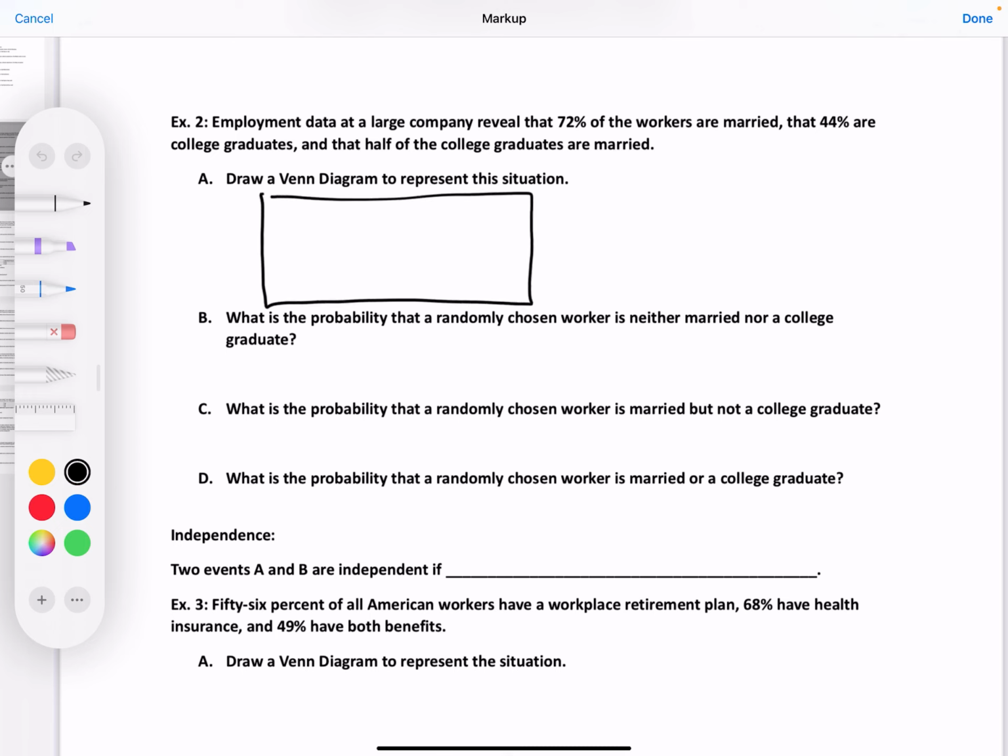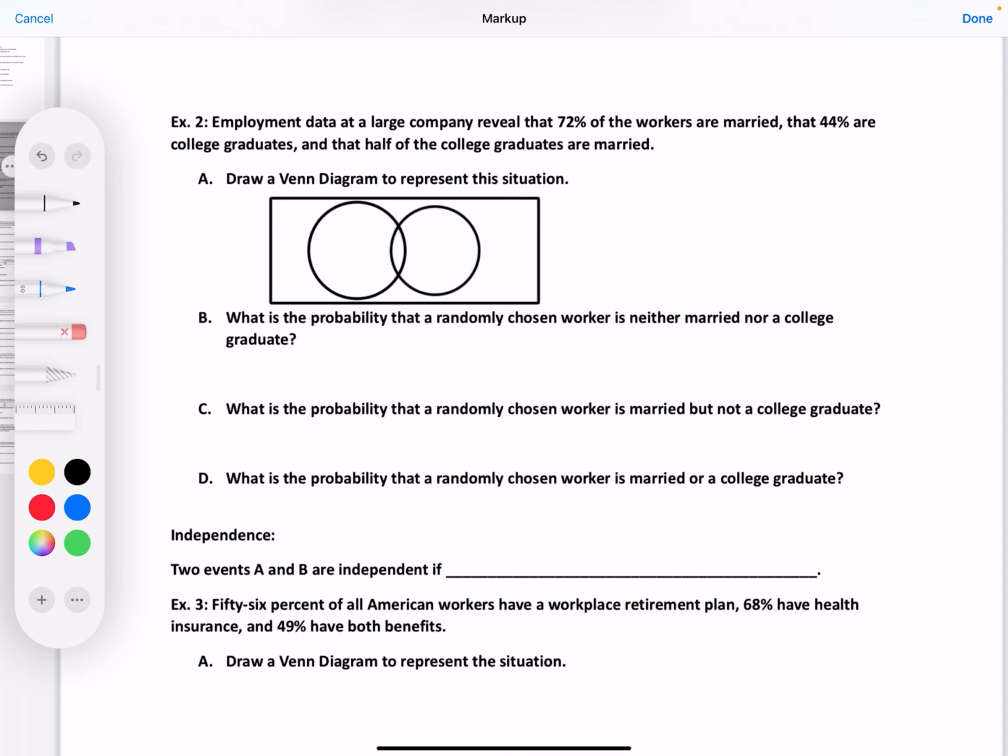So I'm going to do M for married, and then C for college grad, and then the middle is obviously going to be both.